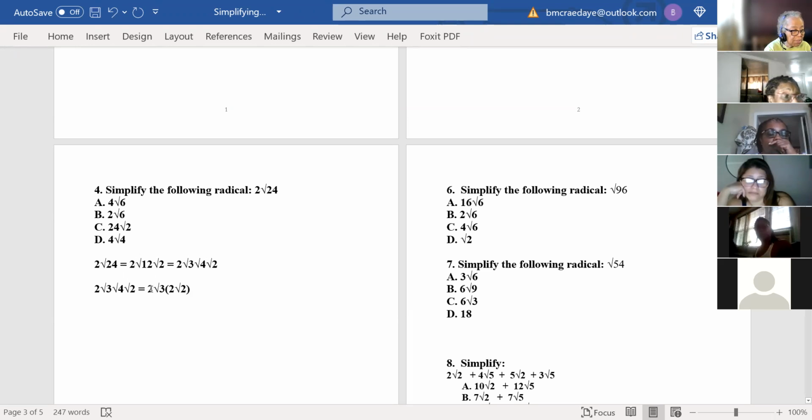So I have 2 times the square root of 3 times the square root of 4, which is 2. And then that's times the square root of 2. But what are the parentheses for? To show it's a multiplication. Yeah, because sometimes side by side is not so obvious when you have radicals. So this is 2 times the square root of 3 times 2 times the square root of 2.